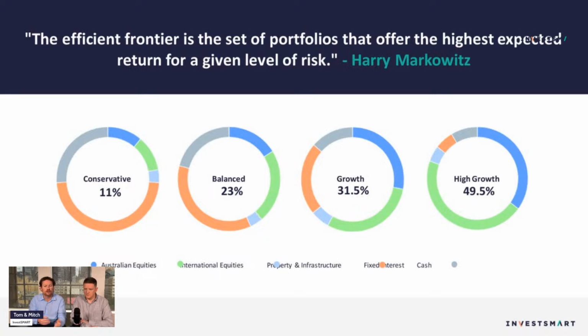Now, to Grant's comment, a blended portfolio, you're seeing here 11% conservative, balanced 23%. Individual super funds and diversified portfolios out there will have different weightings, and they'll have different exposure too. They might have a team hand-picking specific stocks.